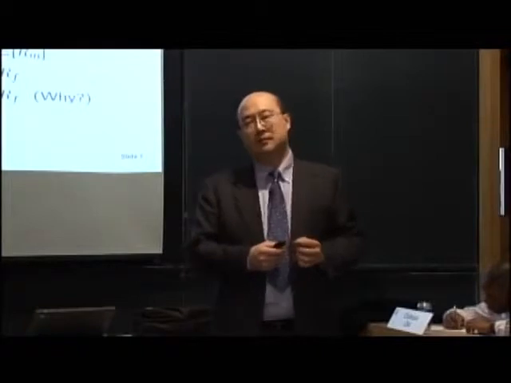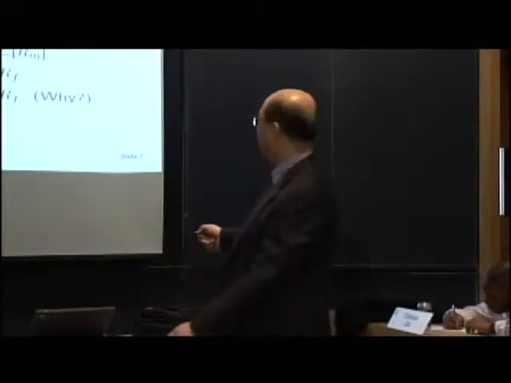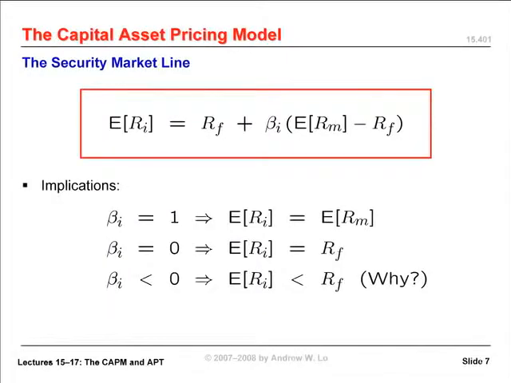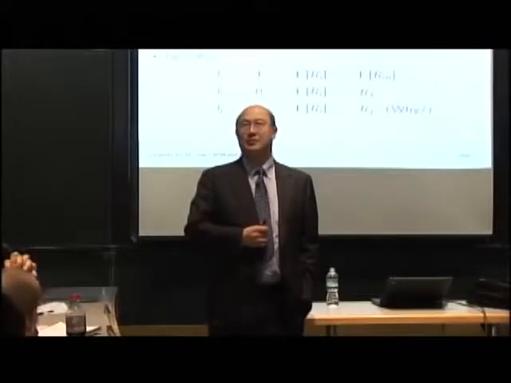And the third observation that I want to make is when a beta is negative, the expected rate of return is actually less than the risk-free rate. Now that's really odd. I've got an asset that is risky, but just because it has a negative beta, the expected rate of return is less than the risk-free rate.